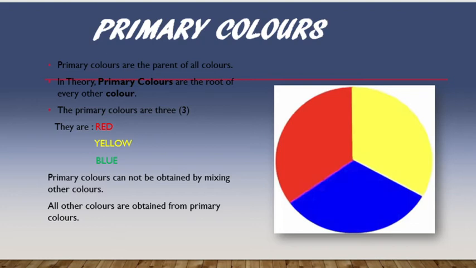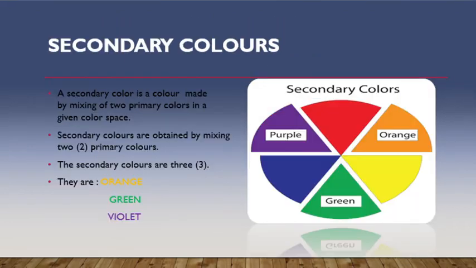Let's move straight to our last point, that is secondary colors. A secondary color is made by mixing two primary colors in a given color space.